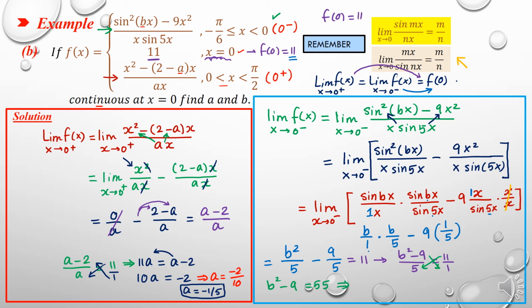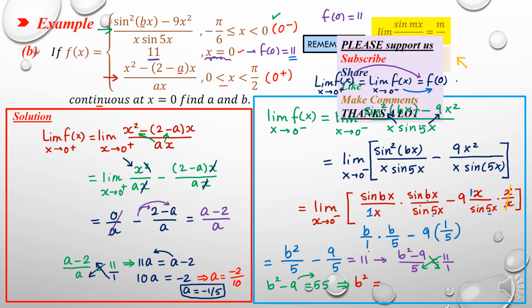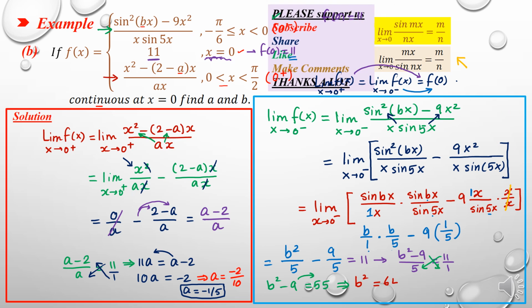Now you have to move negative 9 to the right hand side, and you will get b squared equals 55 plus 9, which is 64. So this is equal to 64.